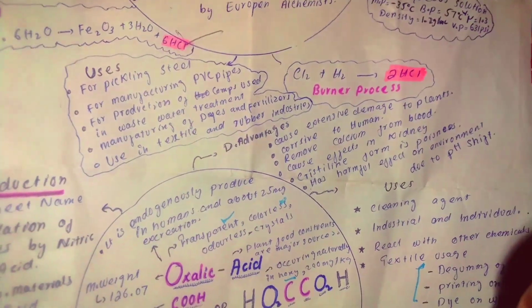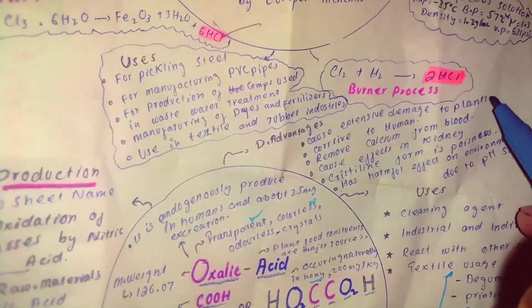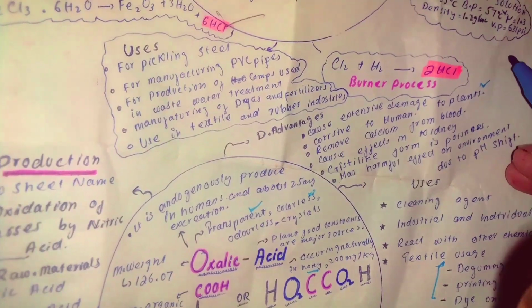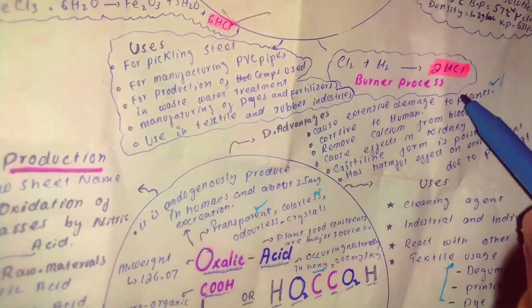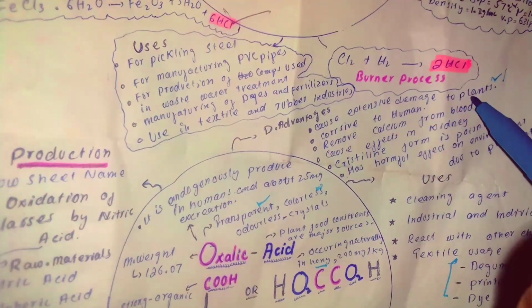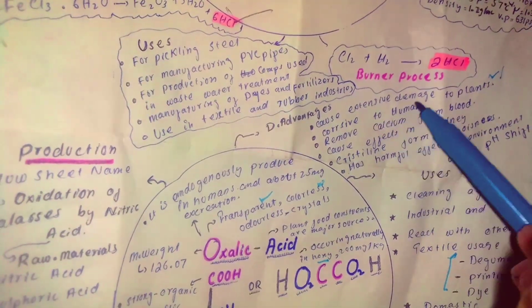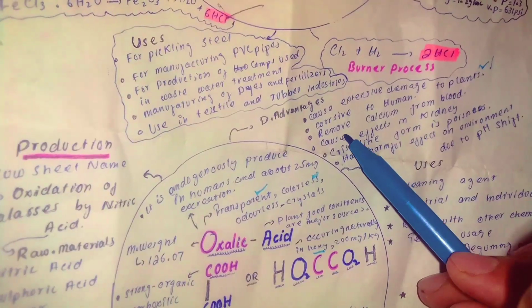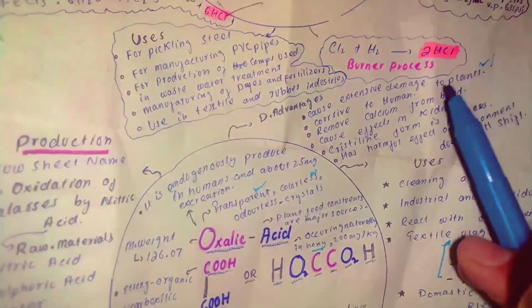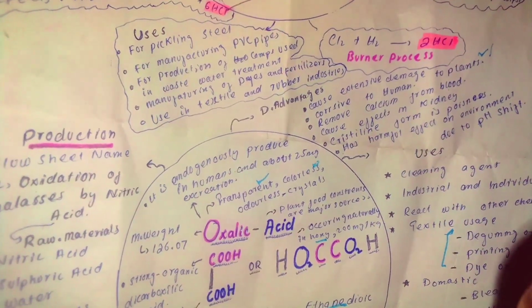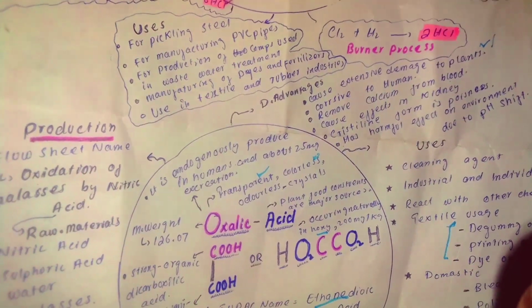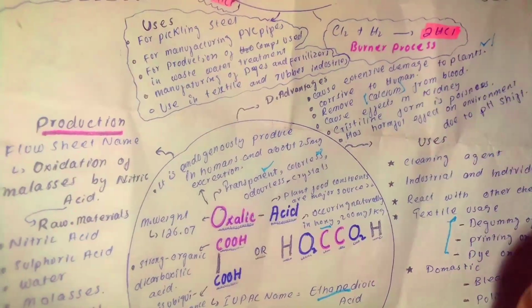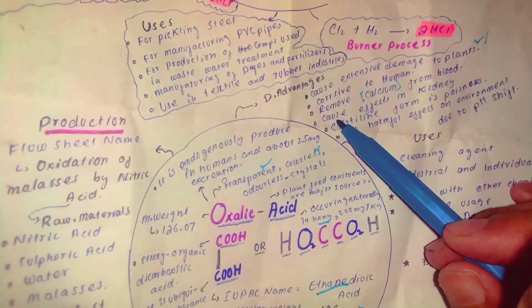It also has some disadvantages. It can cause extensive damage to plants. You know that it is in a higher amount in plants, so it can cause extensive damage to them. It may be corrosive to humans. It removes calcium from the blood; calcium is a vital element for human beings, so it will remove this element from a human or plant body.